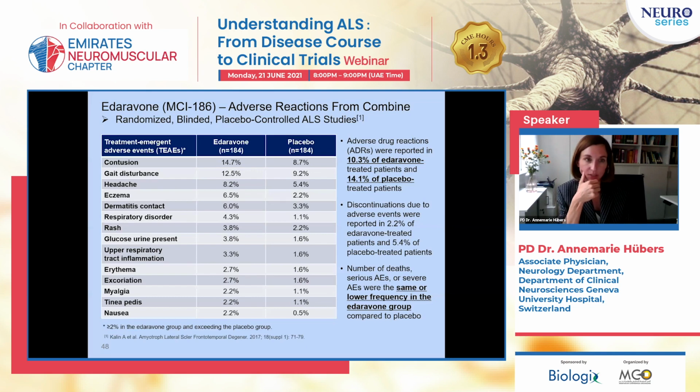I think it means falls, and then contusion after falls, but I never really understood what this actually means. So, there's gait disturbance and falls, or contusion, a little bit more common in the Edaravone group than in the placebo group. But in general, adverse events were more or less evenly distributed in both groups, even a little bit more frequent in the placebo group.